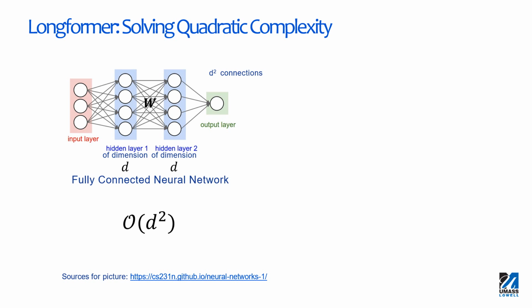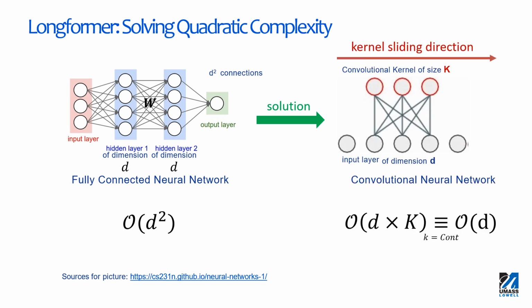Now, how do we deal with this in a classic neural network? So we go to what is called a convolutional neural network.